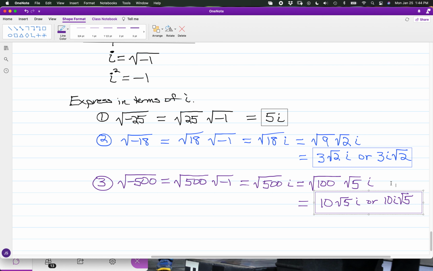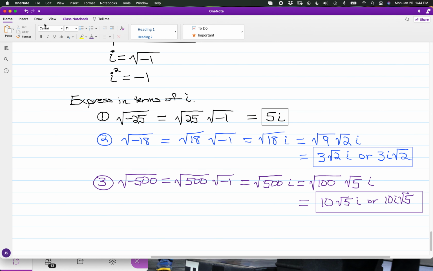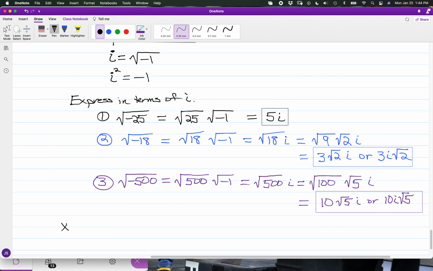And where this i squared expression is going to come in, the standard form of a complex number is going to be a plus bi.